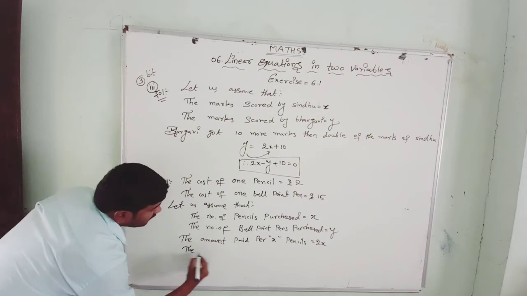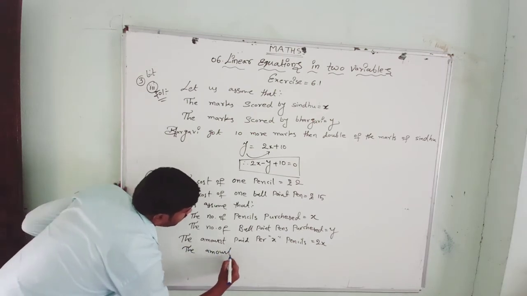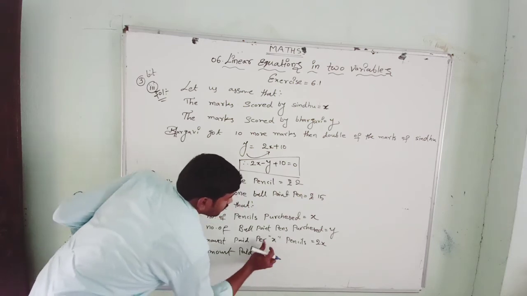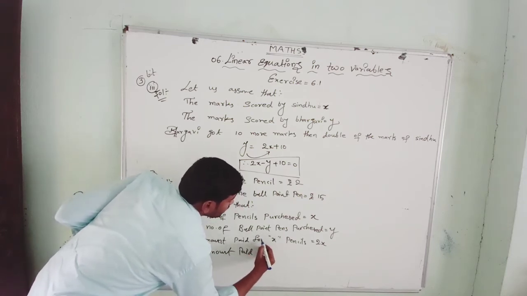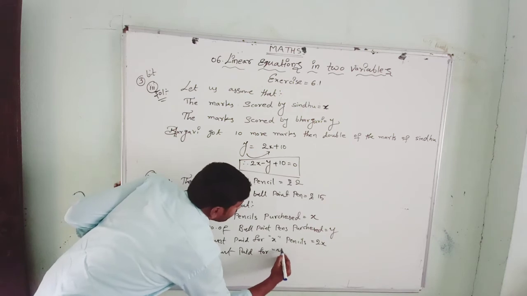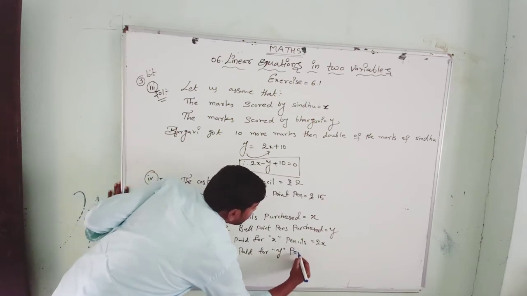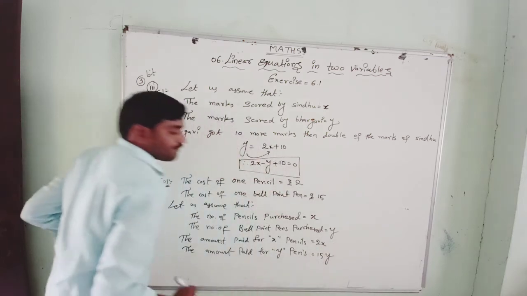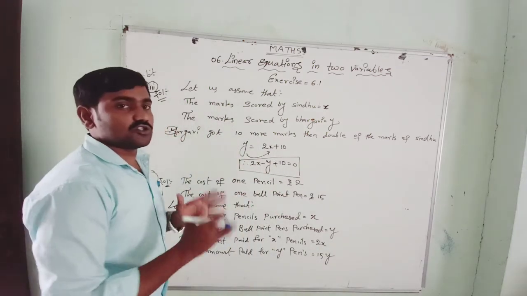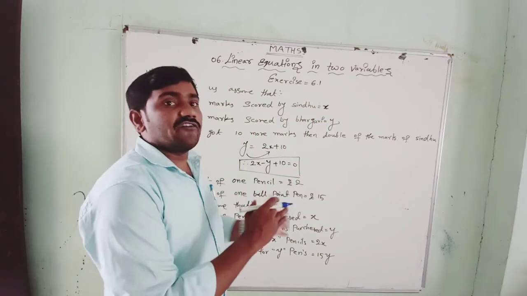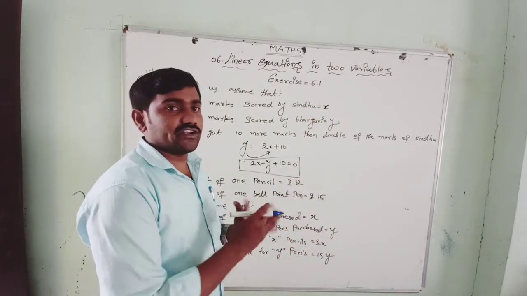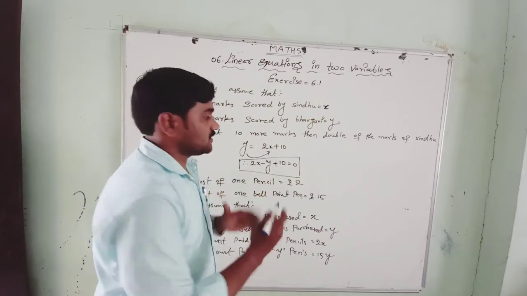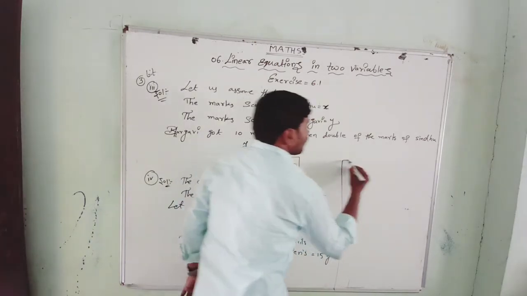Now in the same way, the amount paid for y pens, nothing but ballpoint pens, that is 15 into y, 15y. Okay, one pen 15 rupees, 2 pens 30 rupees, y pens 15 into y, that is 15y. Then how can we write?